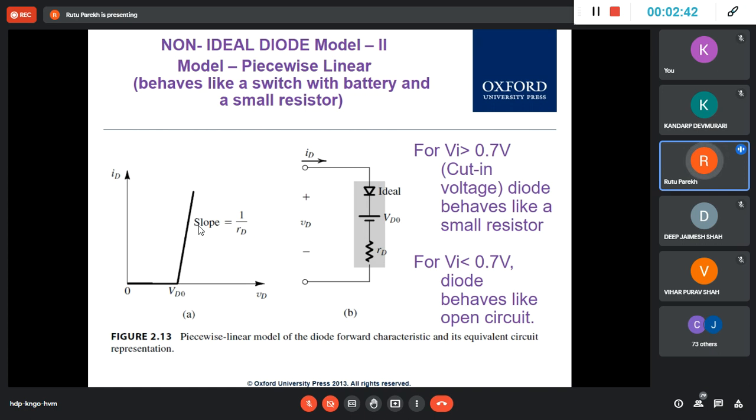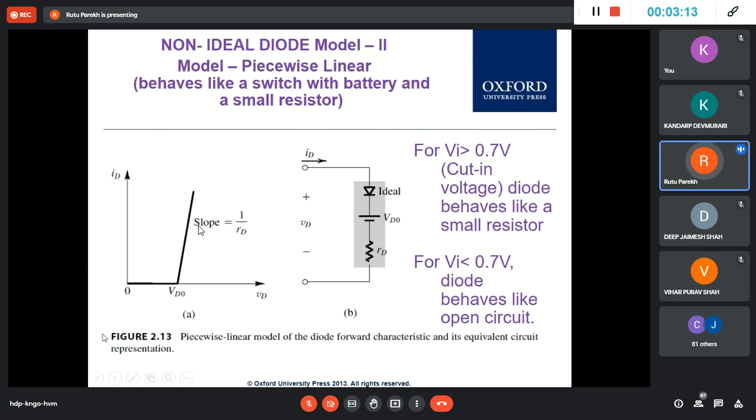And this is the piecewise linear model, where you can see that there is a slope. The line has a slope, right? And that is given by change, if you take a little piece here, a change in ID, delta ID upon delta VD. So that is the slope, and that is 1 upon RD, and it is dynamic.